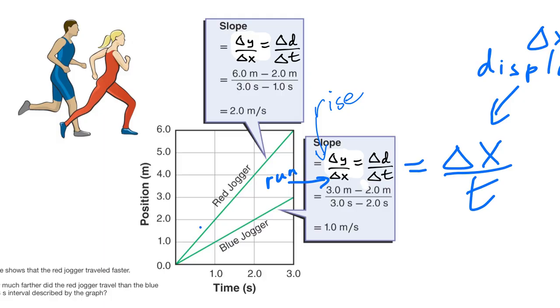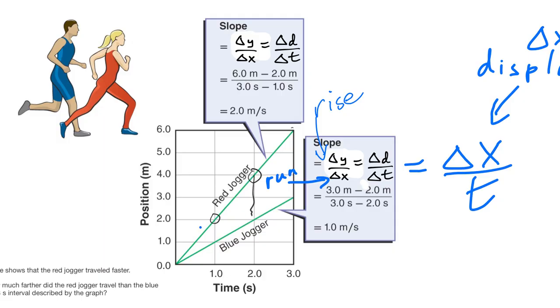Okay, so to find the speed of the red jogger, I pick a corner on the grid box, maybe that one, where the line hits the corner of a grid box. And then maybe this one right here. Looks like it hit the corner of a grid box.